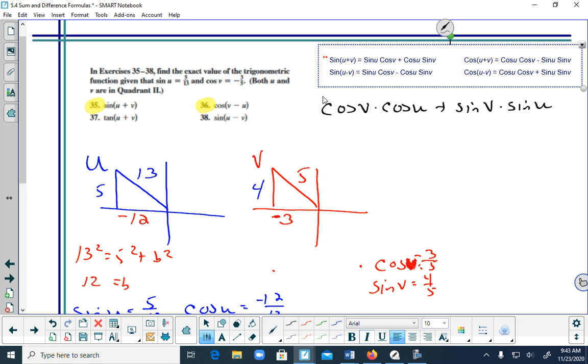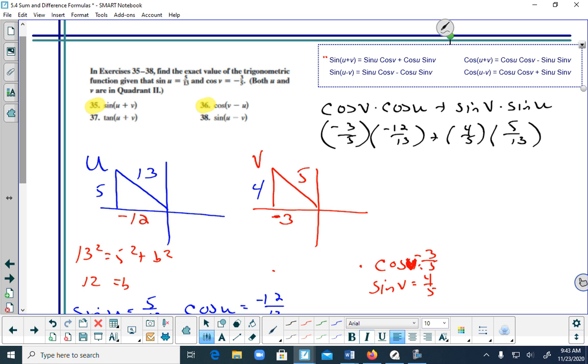So the cosine of v is -3/5, the cosine of u is -12/13, the sine of v is 4/5, and the sine of u is 5/13.